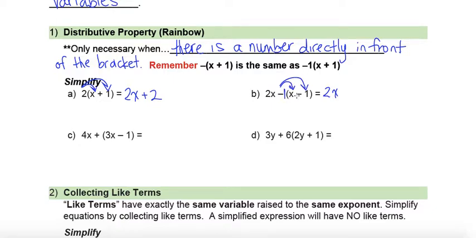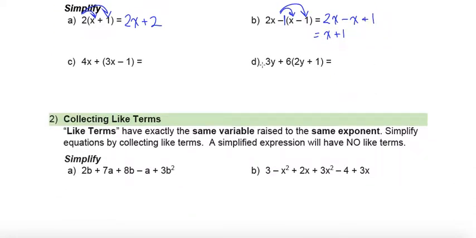So negative 1 times x is negative x, or negative 1x, so you can keep the 1 in front or you can eliminate it. And then negative 1 times negative 1 is positive 1. So once we have applied the distributive property to remove the brackets, then we can combine any like terms. So 2x take away x is x, and then we're left with x plus 1.